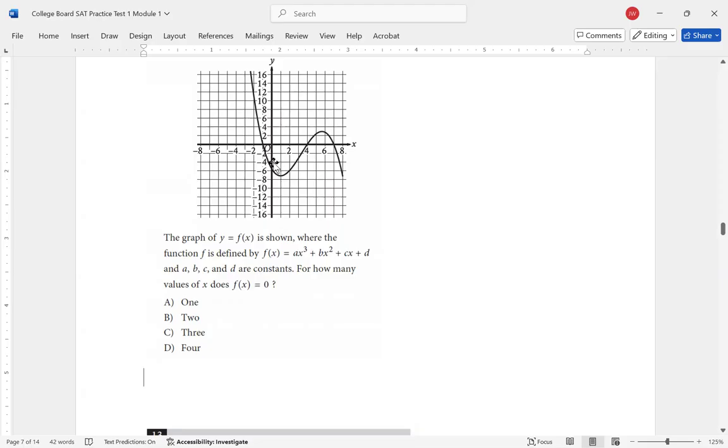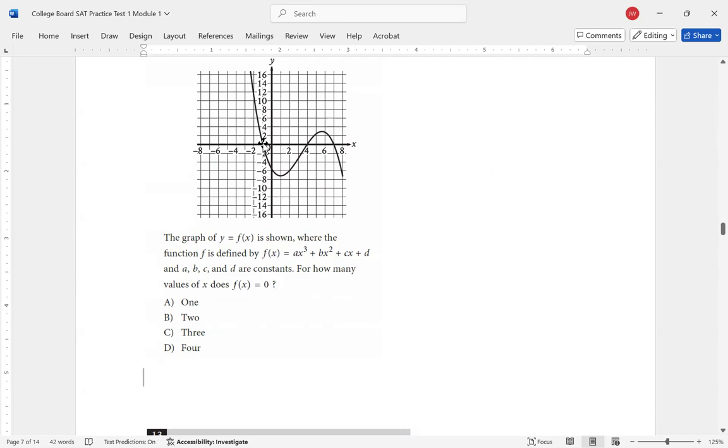And visually speaking, we can see that there are 3 places where this crosses the x-axis. Crossing the x-axis means that when we put in an x value, we get out a y value of 0. So that means f of x would be equal to 0.